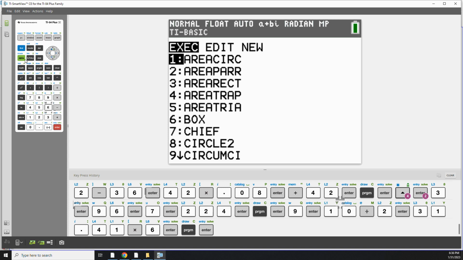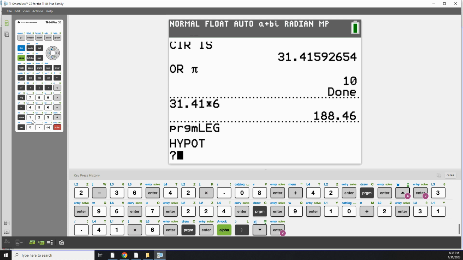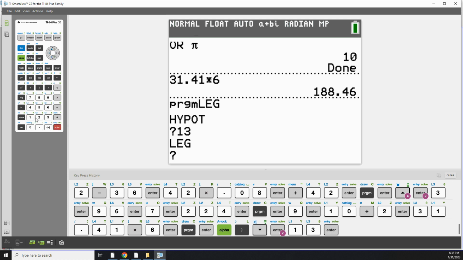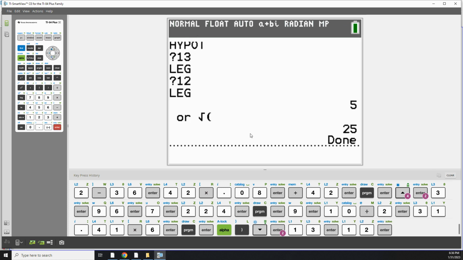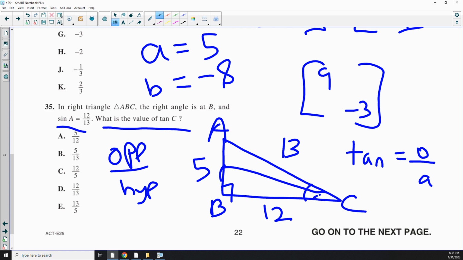Many of y'all know this answer without leg because it's a memorized triple. The hypotenuse was 13, and the other leg was 12. So the answer is 5, or the square root of 25. So this has to be 5. And now look at the question. SOHCAHTOA back at you. Tangent of C is C's opposite over adjacent. 5 to 12. Answer A.